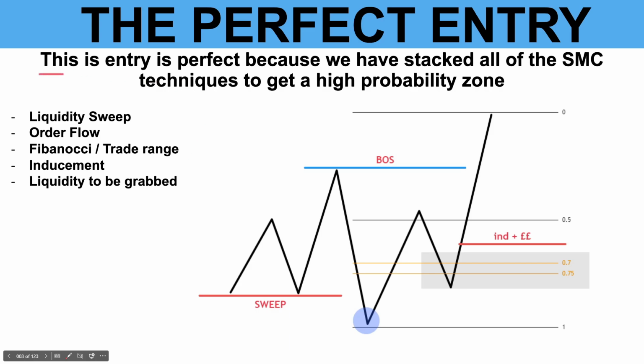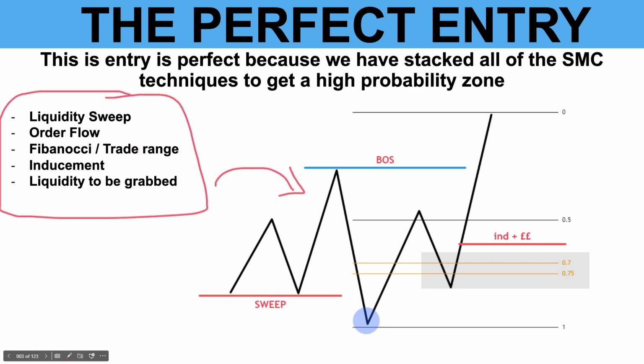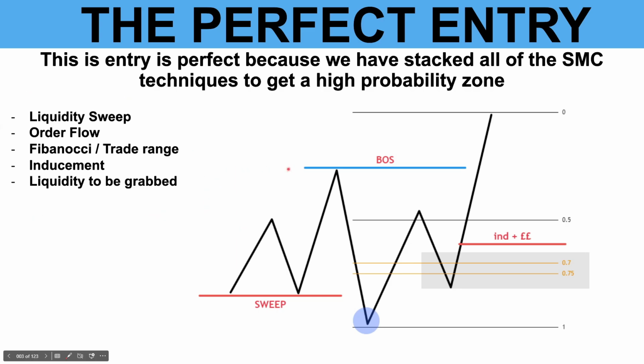And I'm going to explain why this entry technique is perfect because we have all of the SMC techniques stacked together to make a high probability zone. We're going to be using liquidity sweeps, order flow, Fibonacci, trade ranges, inducement, liquidity to be grabbed. We're going to be using all of these concepts in one to make the ultimate trade setup and entry model.